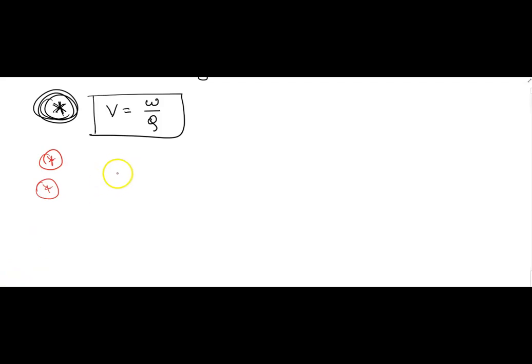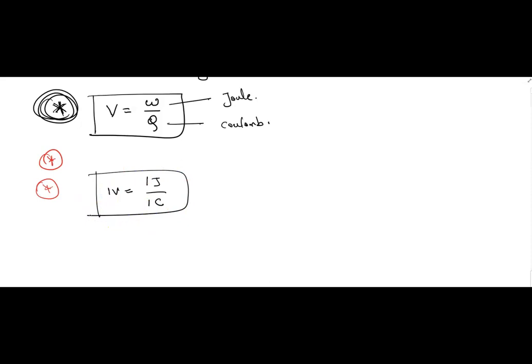So 1 volt is equals to 1 joule by 1 coulomb. The SI unit of work is joule, the SI unit of charge is coulomb, right? So 1 volt is nothing but 1 joule upon 1 coulomb. Any doubts? Is this clear?